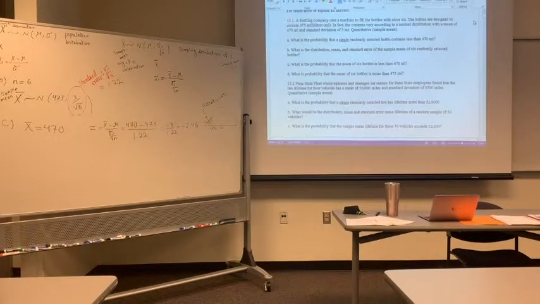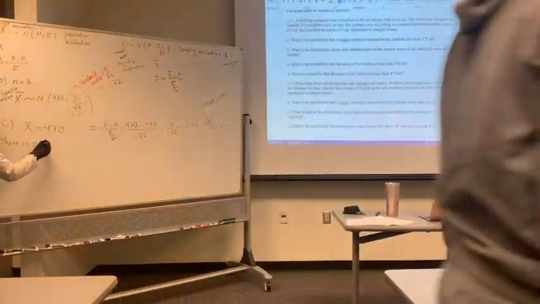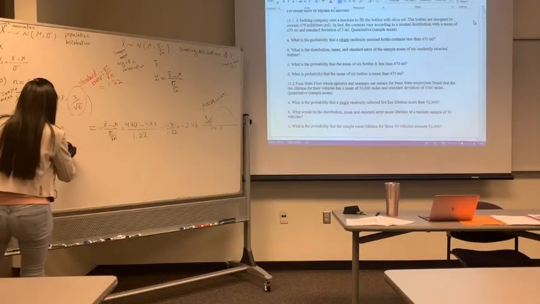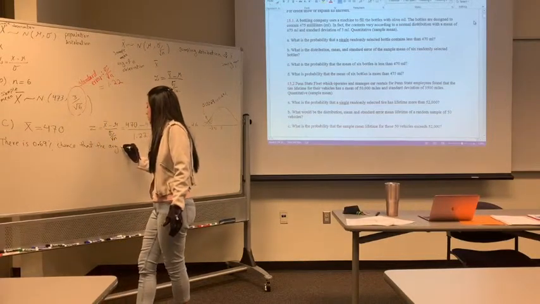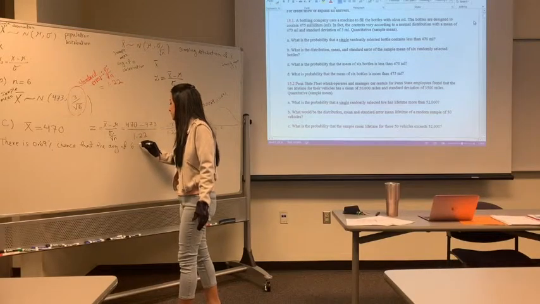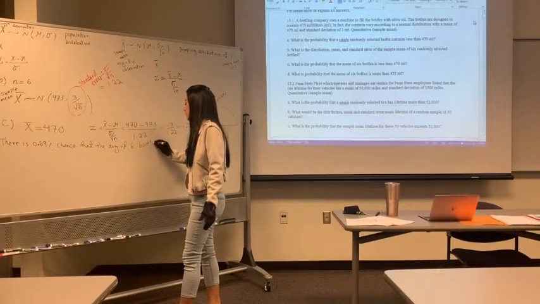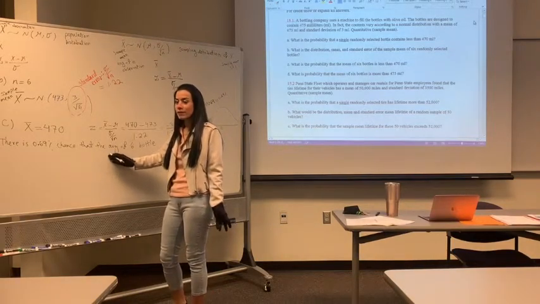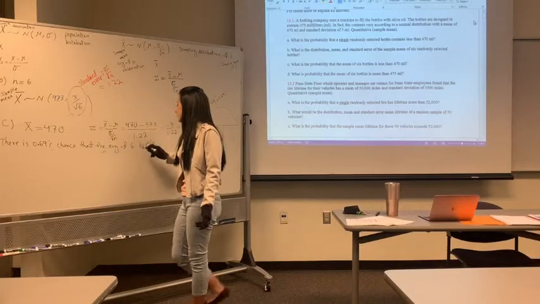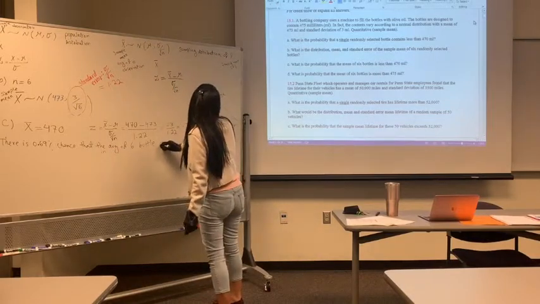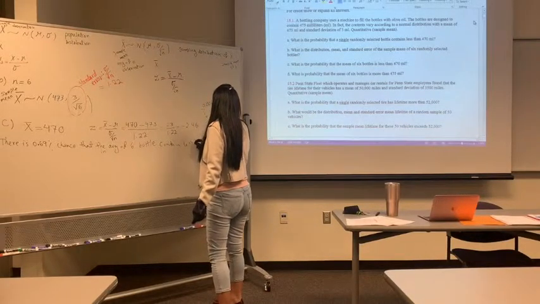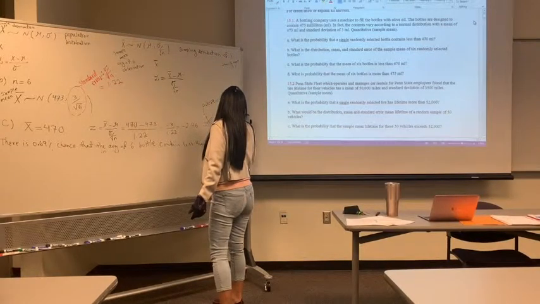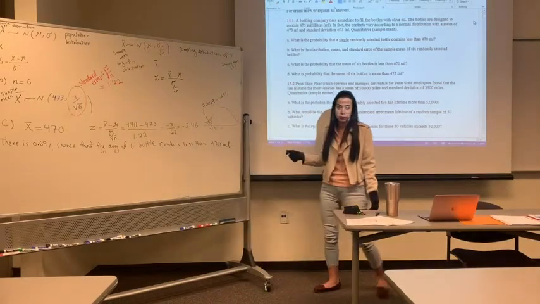Okay. So now how can I explain this? We are talking about the average of 6 bottles, correct? So there is a 0.69% chance that the average of 6 bottles contains less than 470 milliliters of this ion.